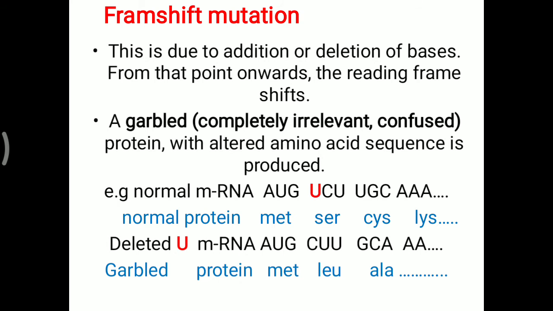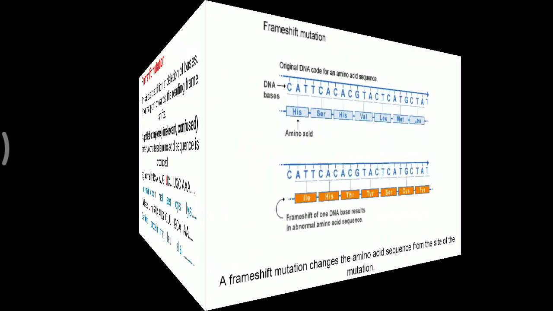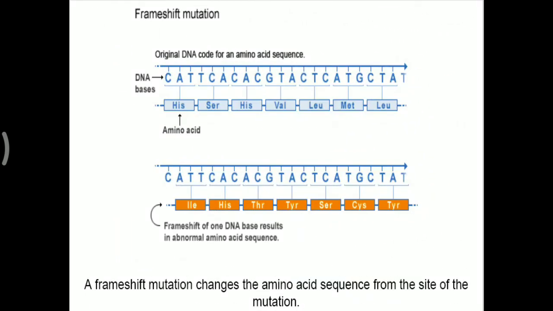So that is the effect of mutation that you have to remember. There is a silent effect, sometimes missense, which is also subcategorized as acceptable, partially acceptable and not acceptable. Next is the nonsense effect, and next is the frame shift effect. The frame shift mutation is explained again here with the normal sequence over the DNA. Due to frame shift, the whole sequence of amino acids in the protein will be altered.